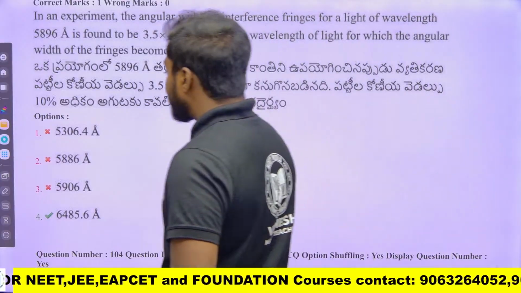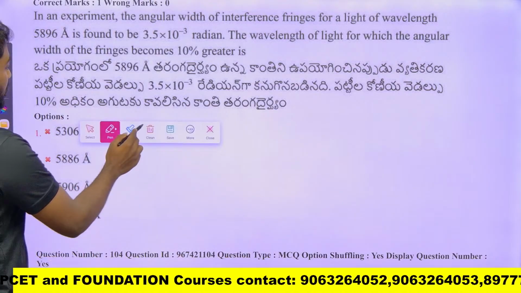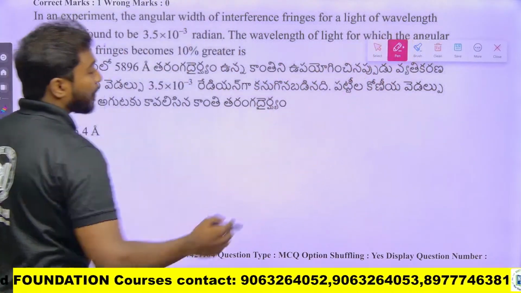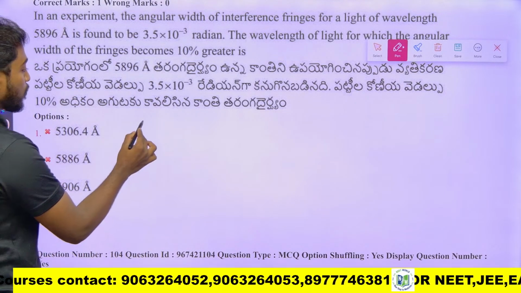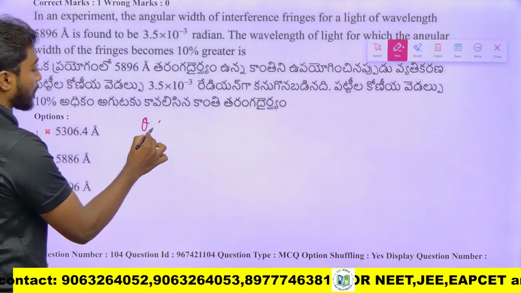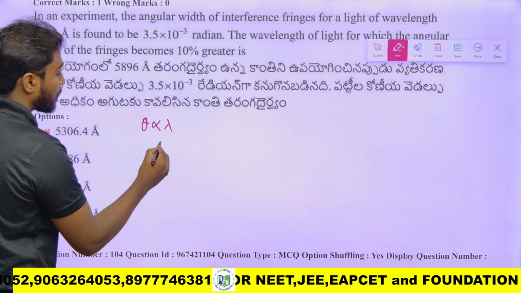So, we know the condition now. First, the angular width of an interference fringe, theta, is directly proportional to lambda, that is the wavelength.